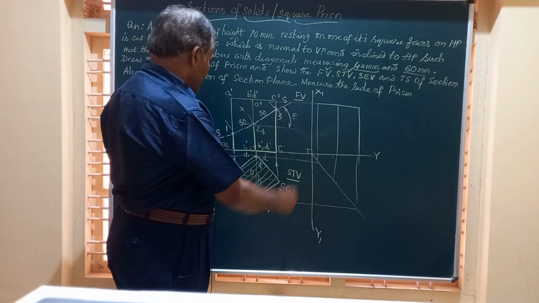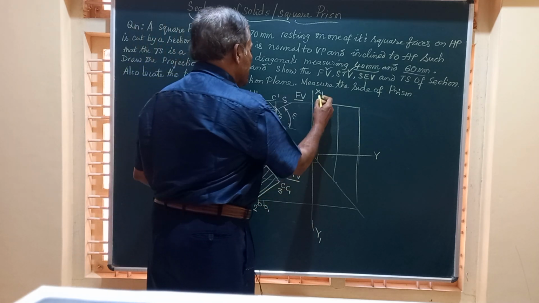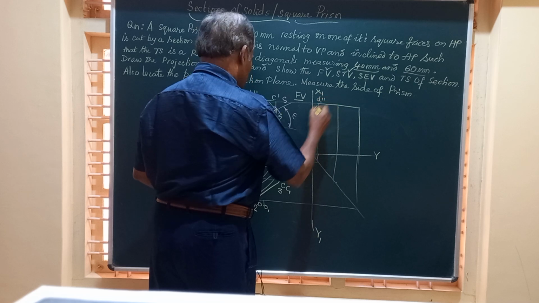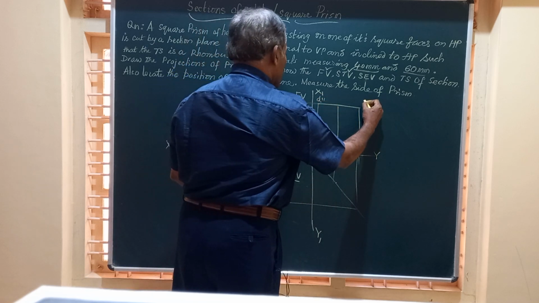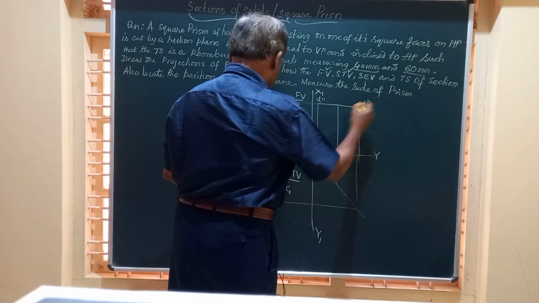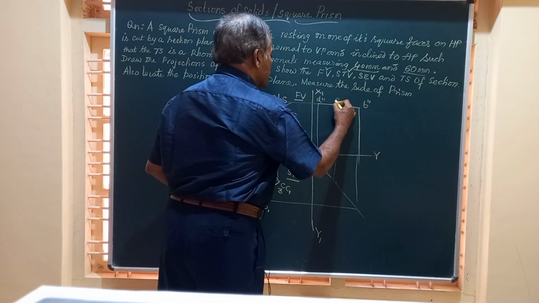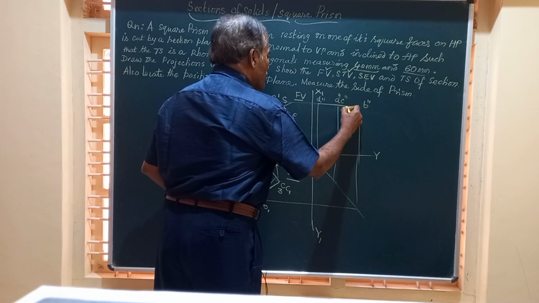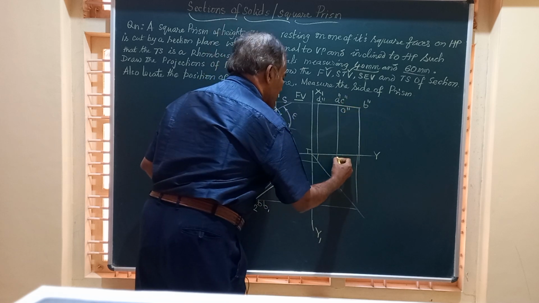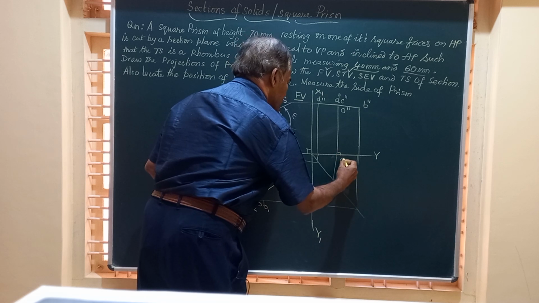Let us name it now: this is D double dash. The last one is B double dash. Center is A double dash, C double dash. And this is O double dash. Bottom is O1 double dash.